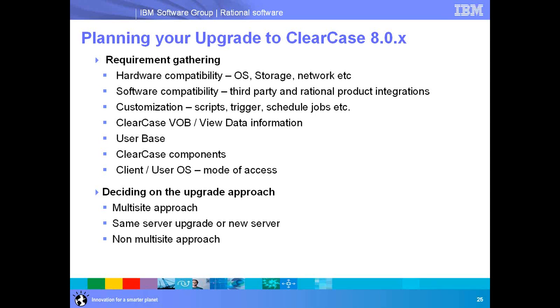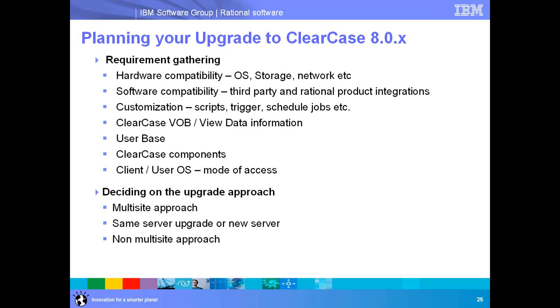And what are the client OSs? In many cases you might have a varied number of platforms or operating systems available for the users, so you need to plan for those operating systems also. One example is that Windows XP is out of support, so in many companies the IT departments would be pushing you to go to Windows 7.